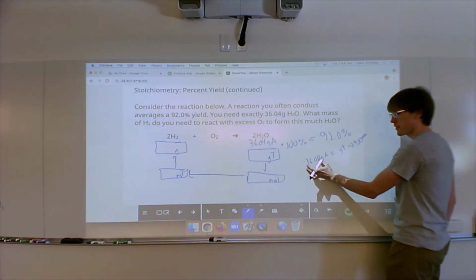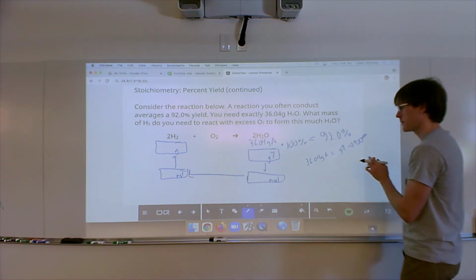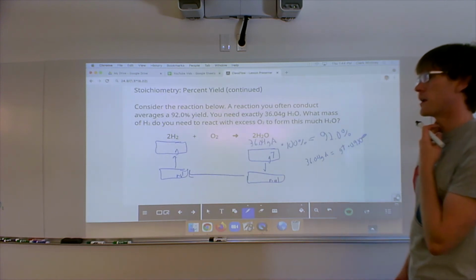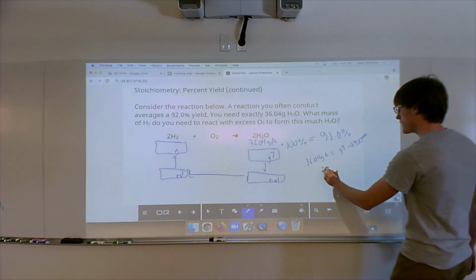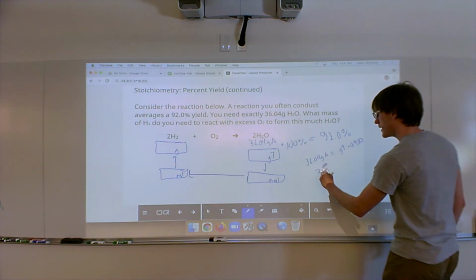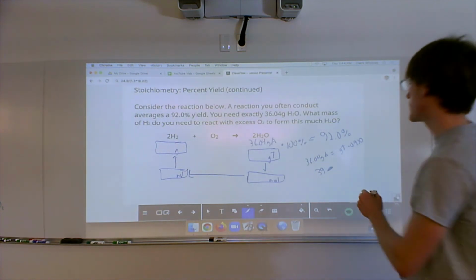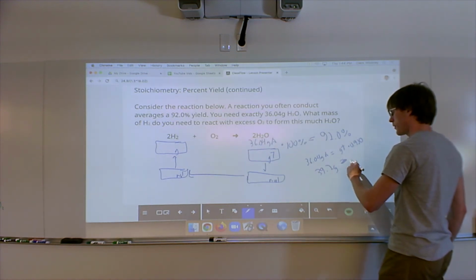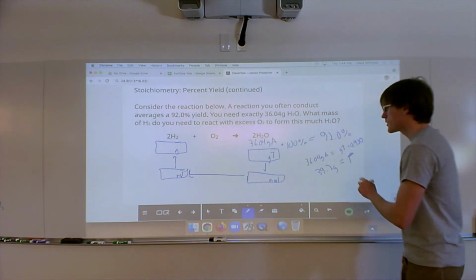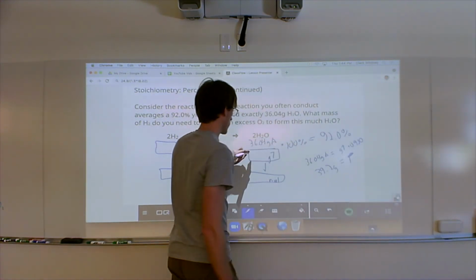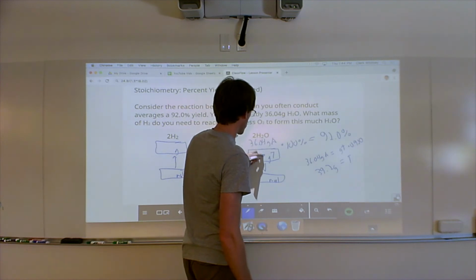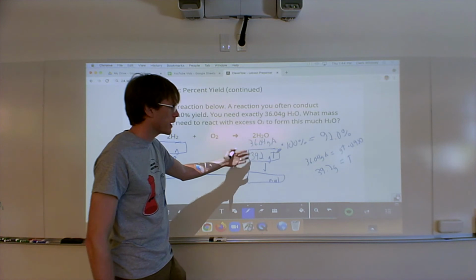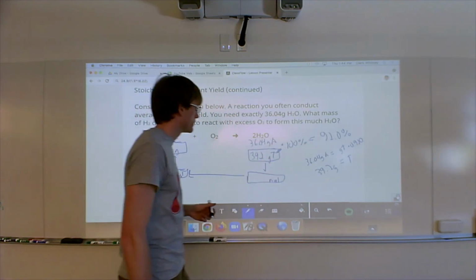If I divide both sides, I'm going to end up with 39.2 grams is equal to our theoretical yield. So I need to write 39.2 grams. And if you look at it, 36 grams over 39, it's about 92%.